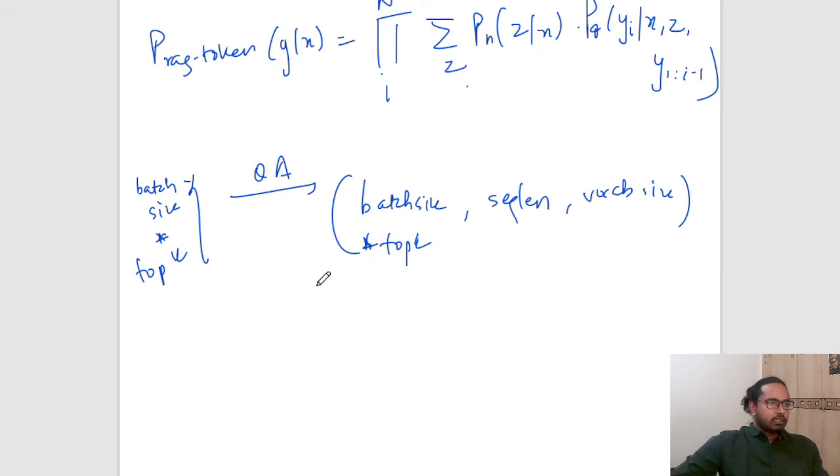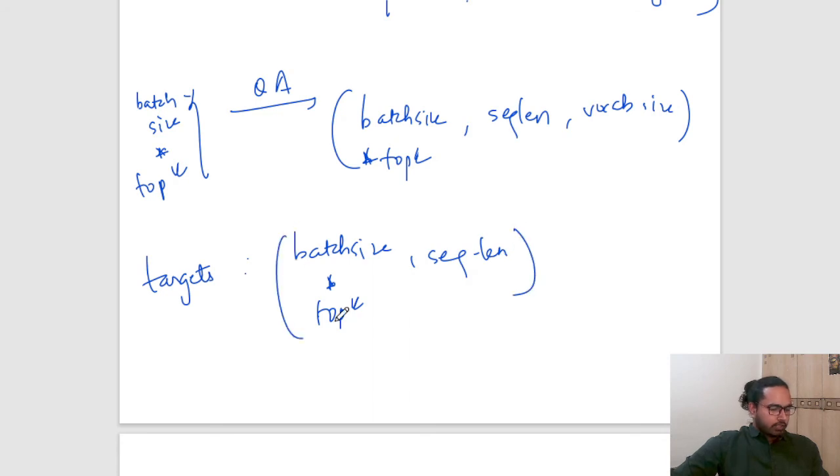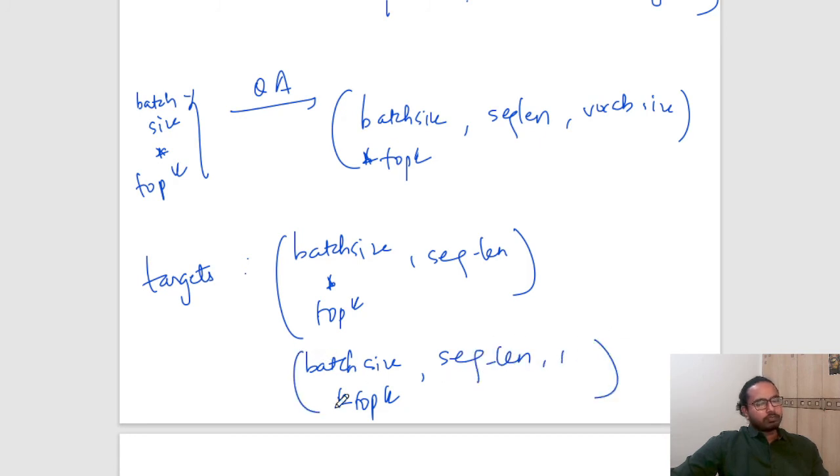Correspondingly, our targets are also of the same shape, batch size times top k, comma sequence length, which we reshape to batch size times top k, comma sequence length, comma 1.